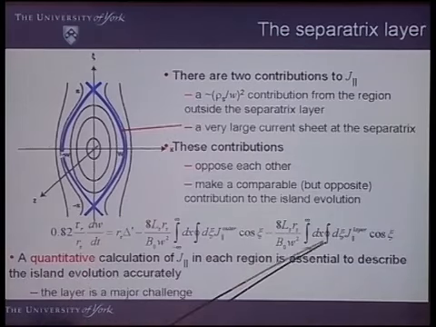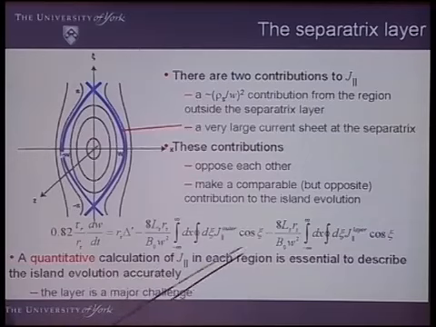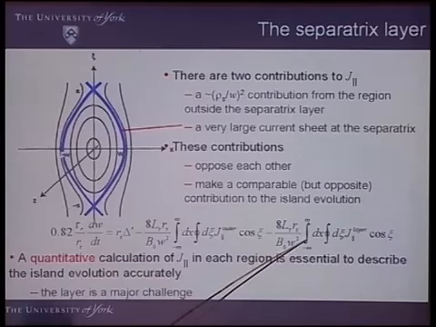And you might say, well, here you're integrating over a very small region, but it's a delta function you're integrating over. And it turns out within this model, these two pieces have exactly the same dependence on all the parameters. They only differ in numbers. But this one is negative, and this one is positive. This one, the layer one, it turns out is 4 times bigger than this one.